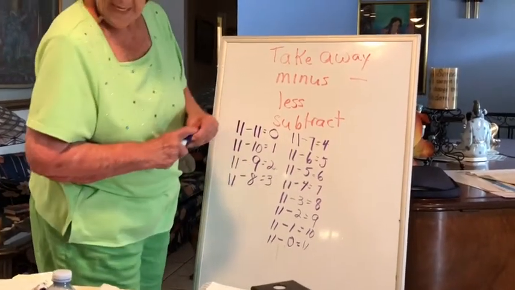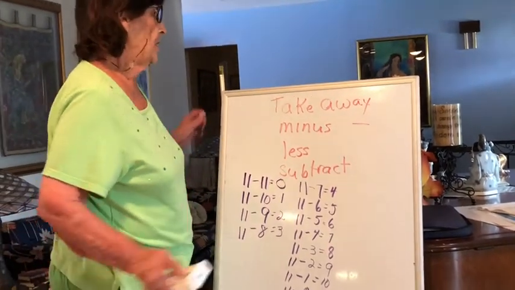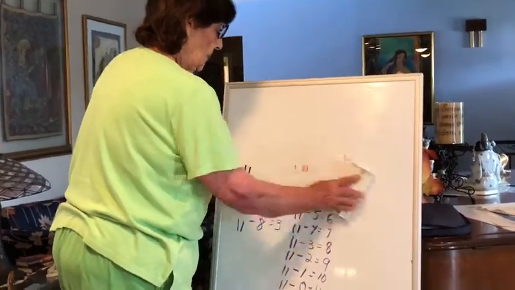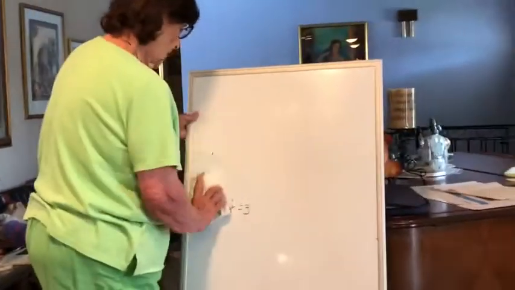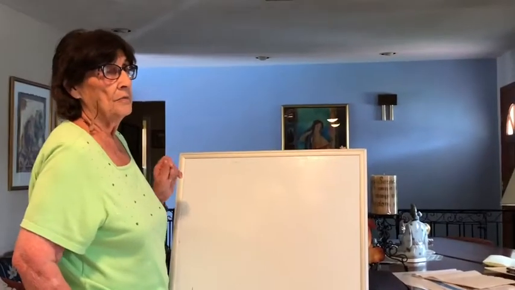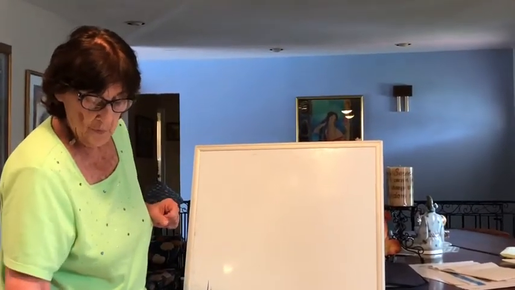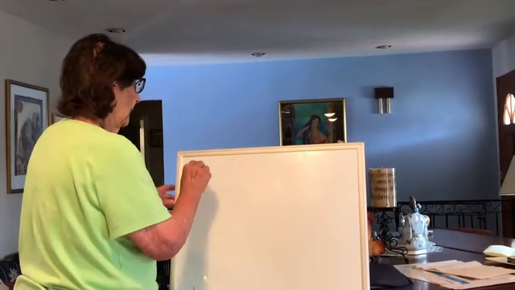Okay. Now, let's start counting. Oh, let's see if we can go up to 250 by 5s. Well, let's do 10s first of all. I'm going to start from 100. I'm not going to start from 0 to 100 by 10s, okay? Let's start from 100, okay?